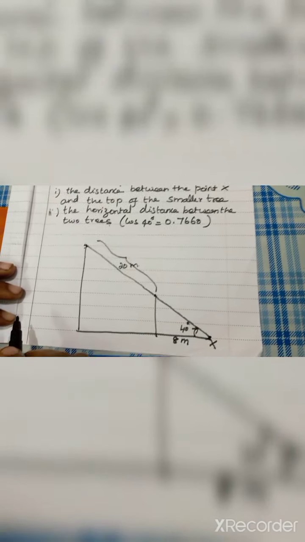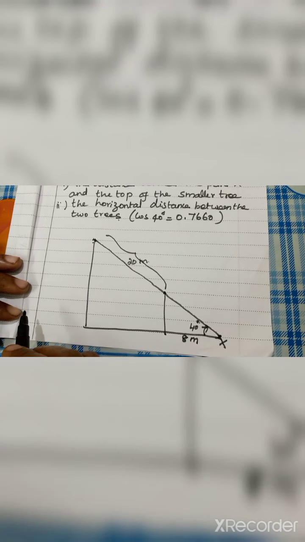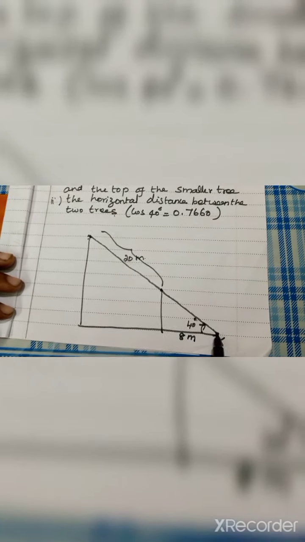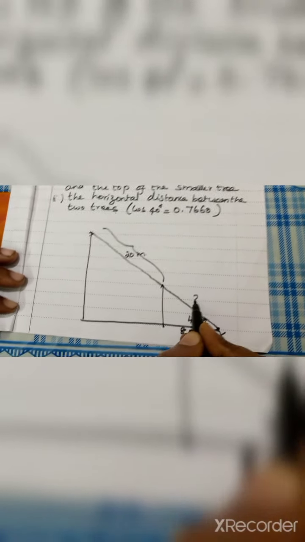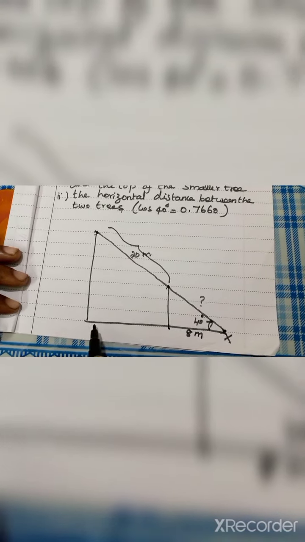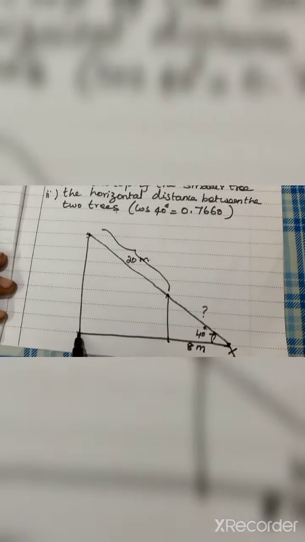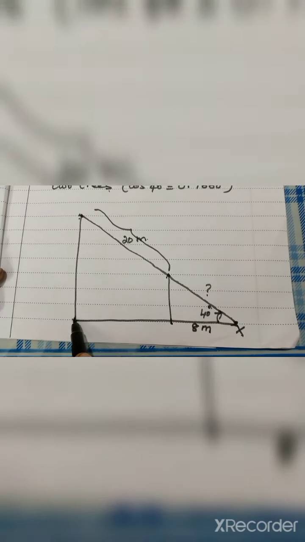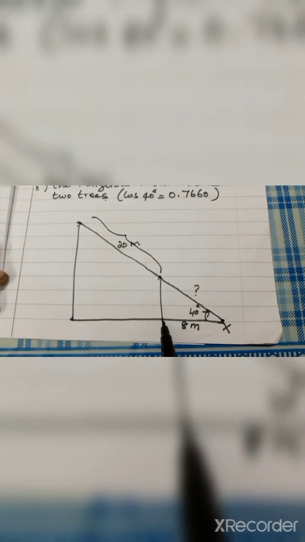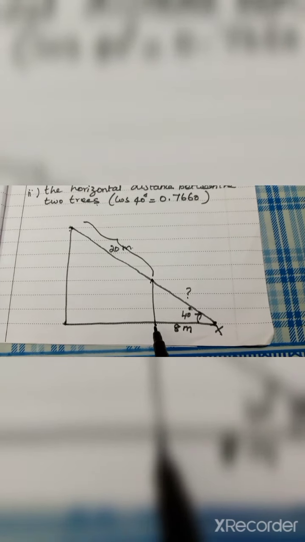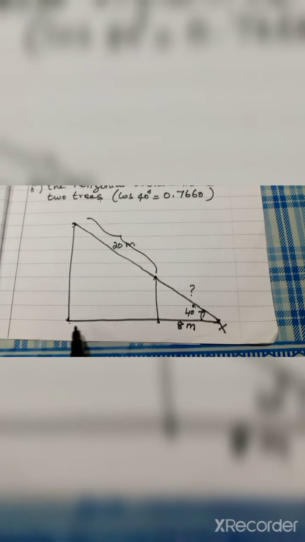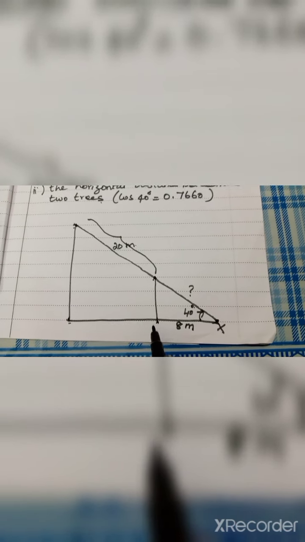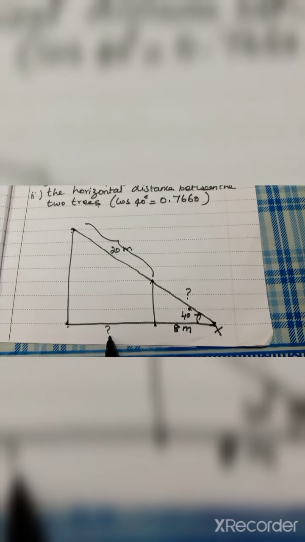Calculate the distance between the point X and the top of the smaller tree. This distance we have to find out, as well as the horizontal distance between these two trees. So this distance also we have to find out.